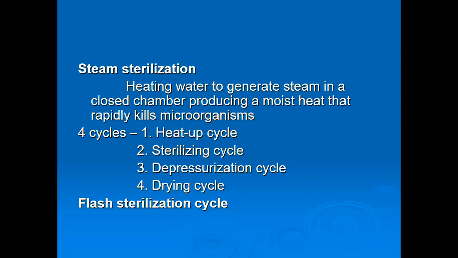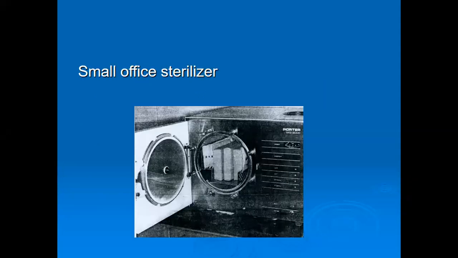This is a very important question. Arrange the following steps of steam sterilization or moist heat sterilization in order. So first is drying. No, sorry. First is heating up, then sterilizing, then depressurization, and drying. This is your class N sterilizer.